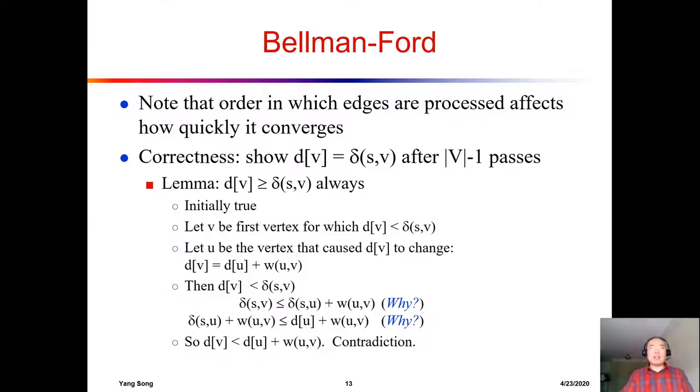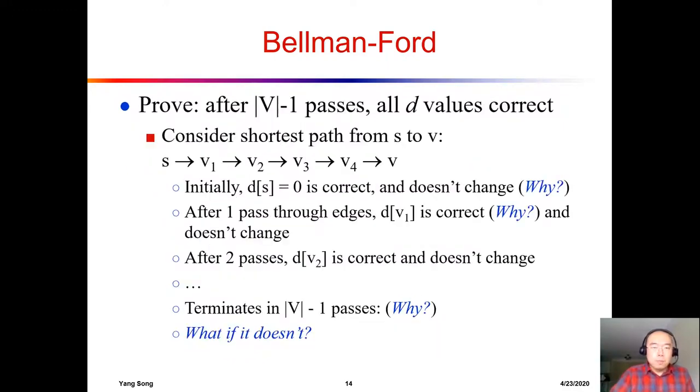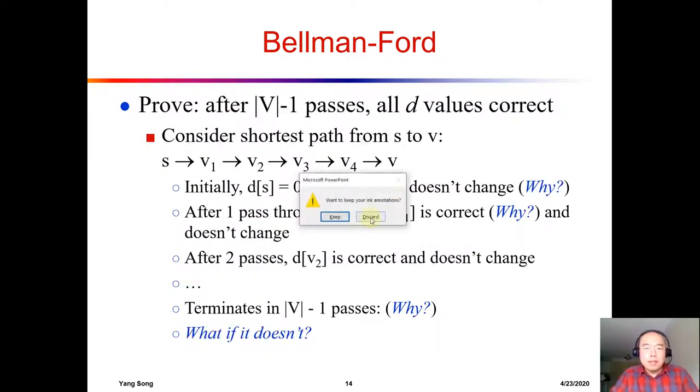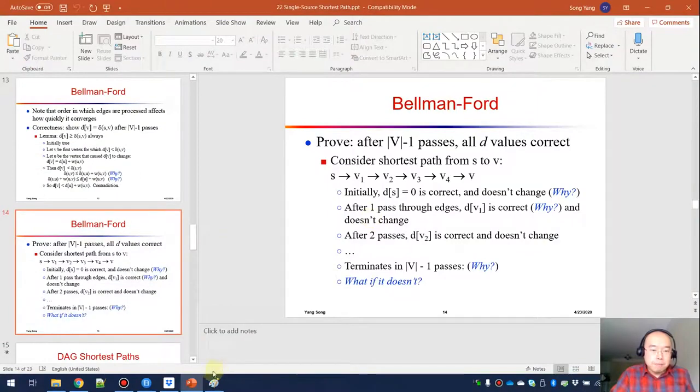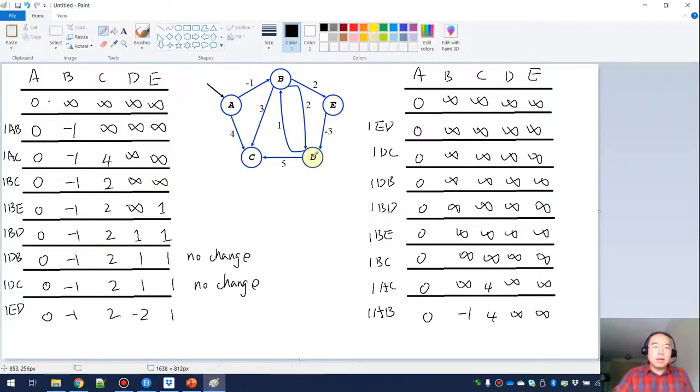However, as long as we do a total of V minus 1 passes, it's guaranteed that we are going to find the solution. So why? Let me go back to this example again. If you consider there is ever a path between A to another node, what is the longest?